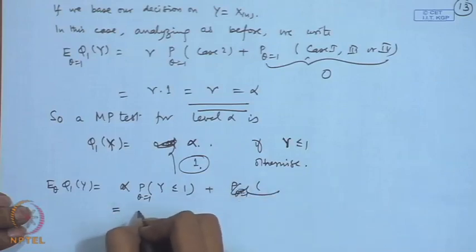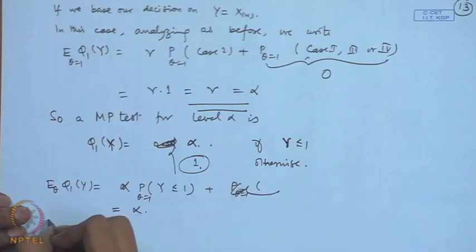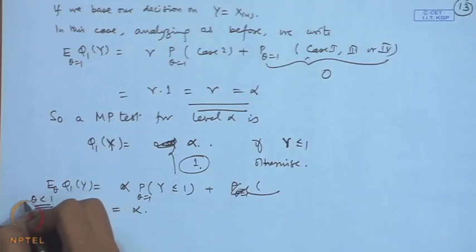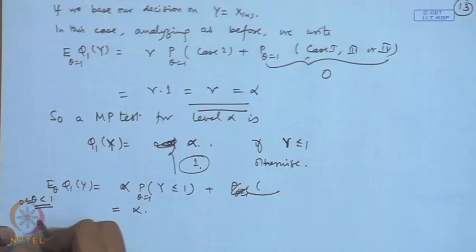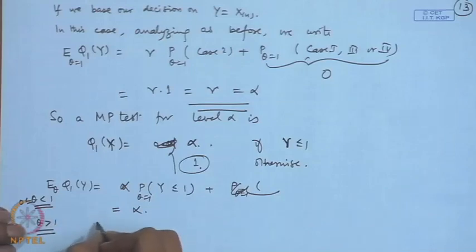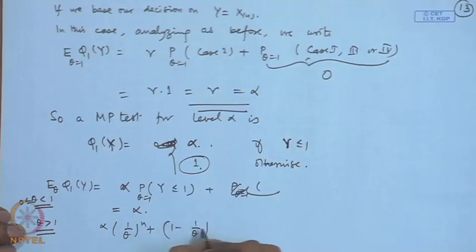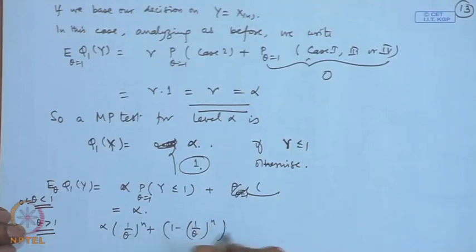So, this is actually equal to alpha for theta less than 1, and if I take theta greater than 1, then it will become equal to alpha into 1 by theta to the power n plus 1 minus 1 by theta to the power n.